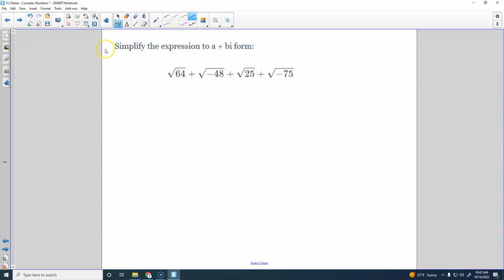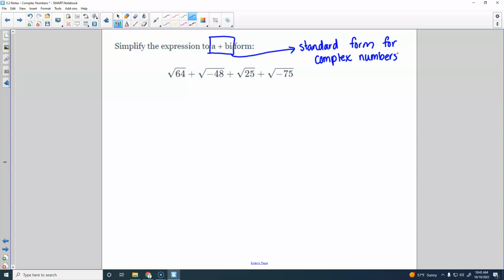Okay, so one of the things that you are going to see is you're going to have expressions like this with multiple roots, and you're going to have to simplify the expression to a plus bi form. Okay, this a plus b times i, that is our standard form for complex numbers.